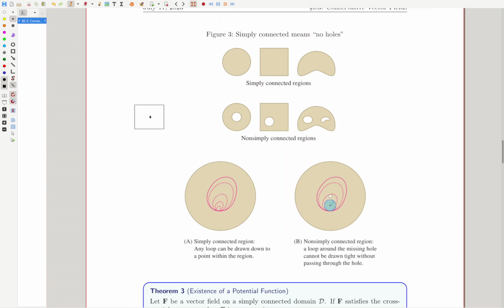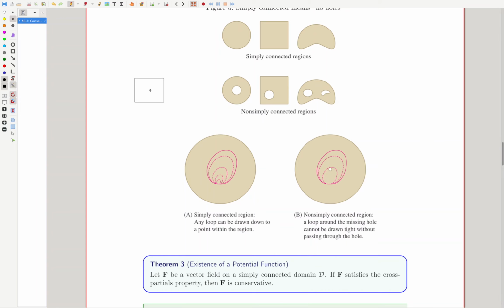If I try to contract this any further, I will pass through that point, and then this loop will not live completely inside of D, and that is the issue. You need to be able to do the process of contraction where every single contracted path is maintained as being inside of D, the domain. And so you hit a wall at that removed point.